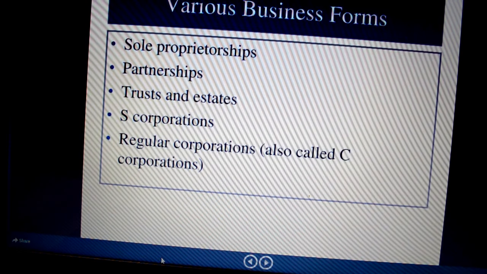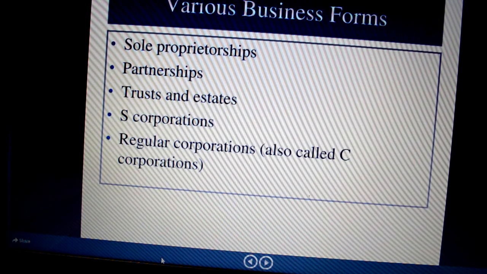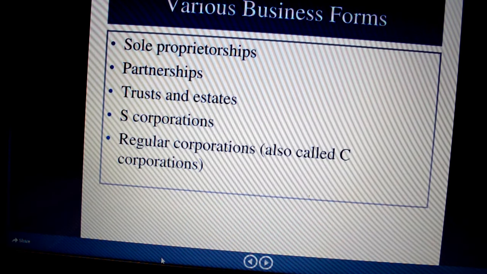The partnership losses are passed through the partnership entity and may be deductible by the partners, and the S corporation losses are passed through to the shareholders. C corporation losses, however, have no effect on the taxable income of the shareholders. Therefore, one of the non-C corporation forms of business may be desirable if business losses are anticipated.